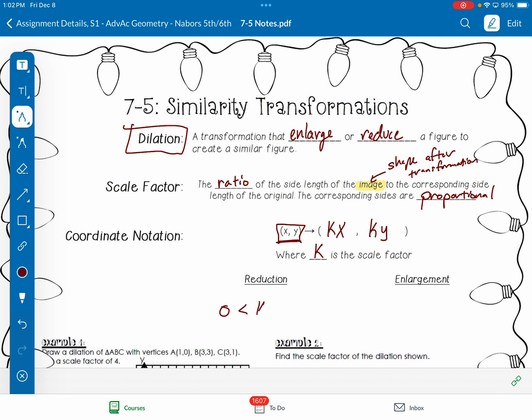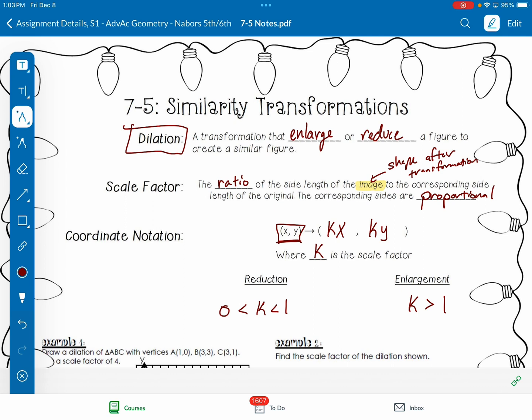If the scale factor is a fraction or a decimal between 0 and 1, it's a reduction, meaning it's going to get smaller. Anytime the scale factor is bigger than 1, it's an enlargement. So if the scale factor was 1.5, it's an enlargement, even though it's a decimal, because that decimal is bigger than 1.